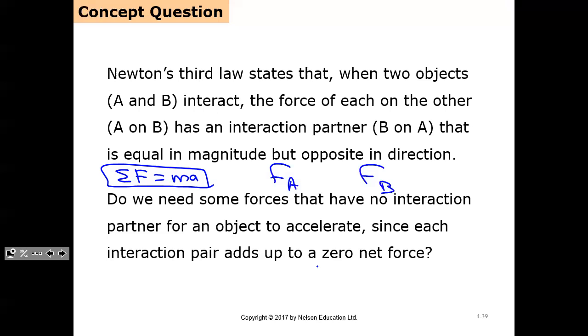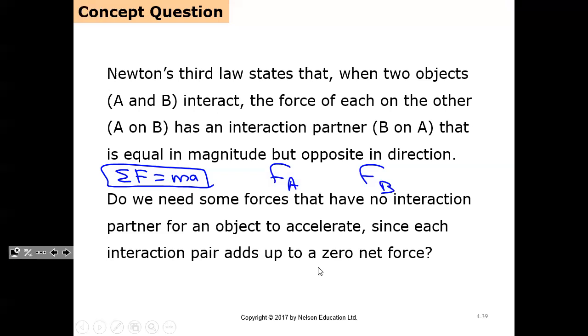So he is saying, if forces are always coming in pairs, their sum is zero. So how does anything get a non-zero acceleration? It's a trick question. Your answer is wrong because the two forces are not acting on the same object, they are acting on two different objects. So when you apply Newton's law, there is only one force on this object.